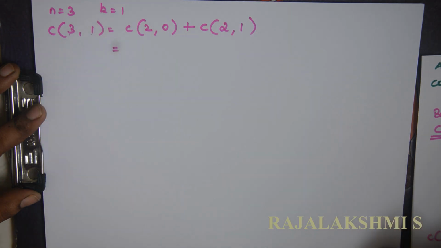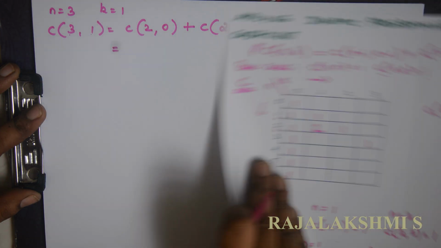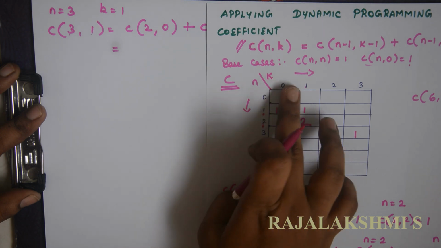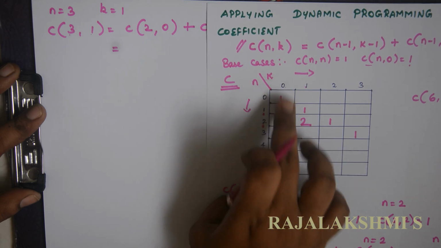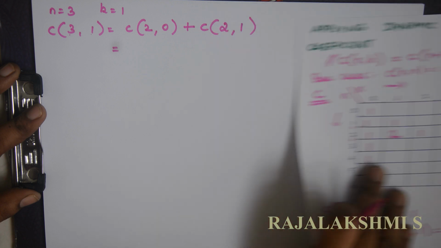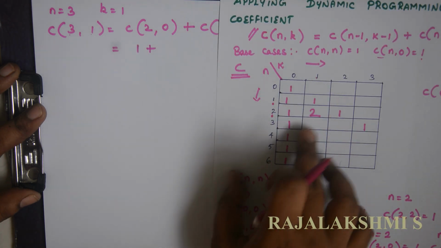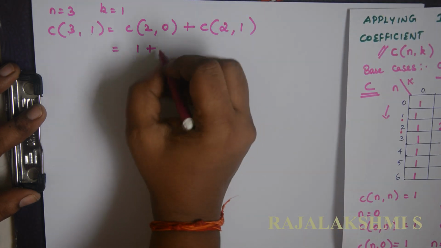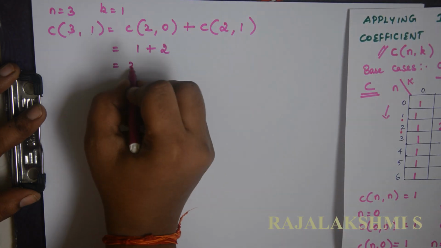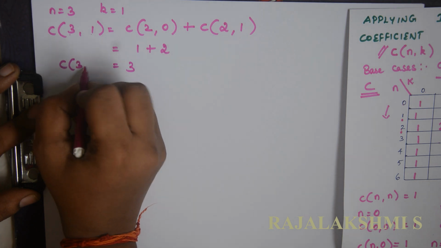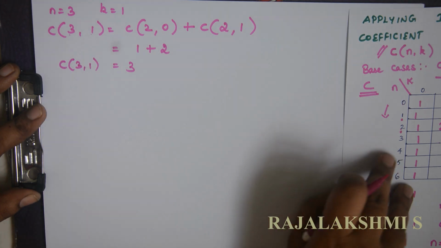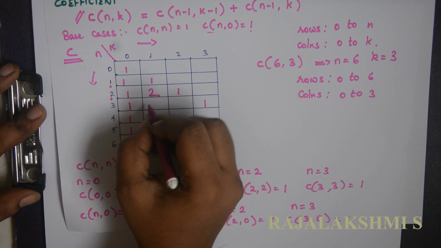So C of 2 comma 0. From the table we can take C of 2 comma 0. When n is 2 and k is 0, the value is 1. So it is 1 plus C of 2 comma 1, the value is 2. So the value is 2. So C of 3 comma 1 is equal to 3. So C of 3 comma 1, we will write it as 3.